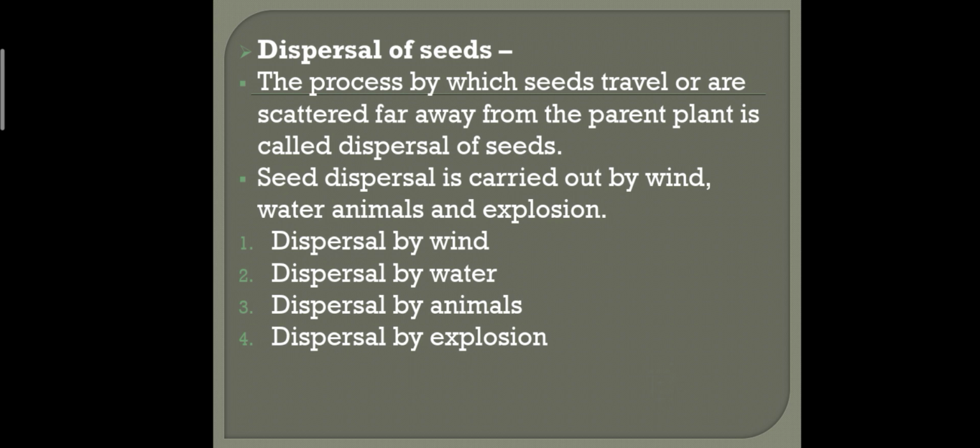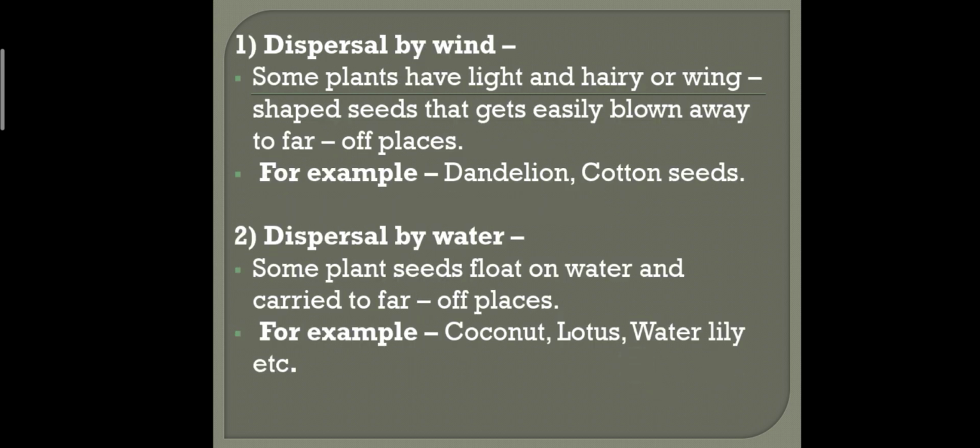Now, dispersal of seeds. The process by which seeds travel or are scattered far away from the parent plant is called dispersal of seeds. Seed dispersal is carried out by wind, water, animal, and explosion. Means dispersal by wind, dispersal by water, dispersal by animal, dispersal by explosion.